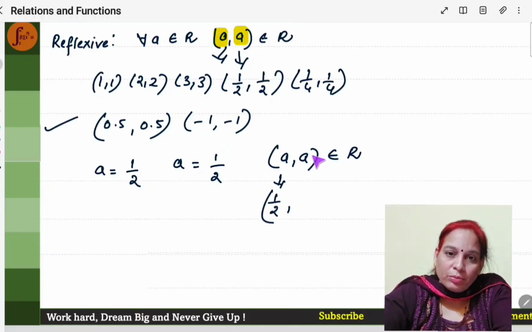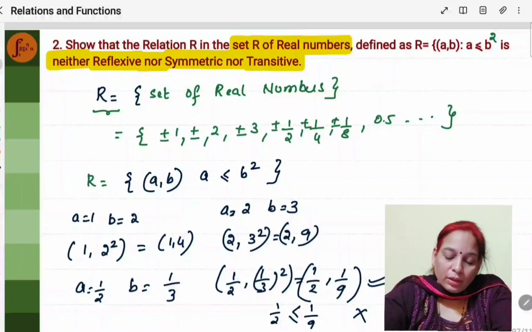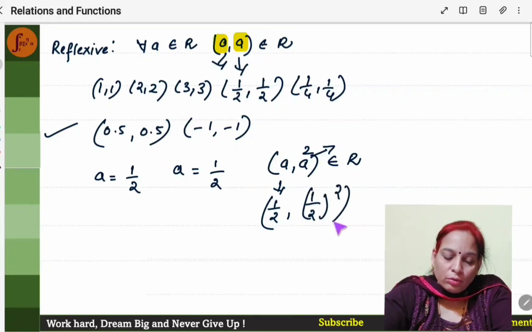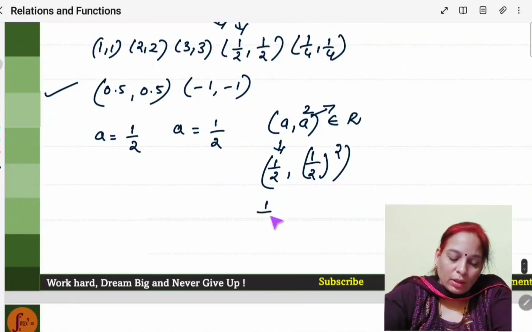And the second element should be the square of the first element. That is the relation given here. Now we have taken the second element also as A, because for reflexive, first and second element you should take the same element. So now this should be A square. A square is 1 by 2 the whole square, which is nothing but half comma 1 by 4.